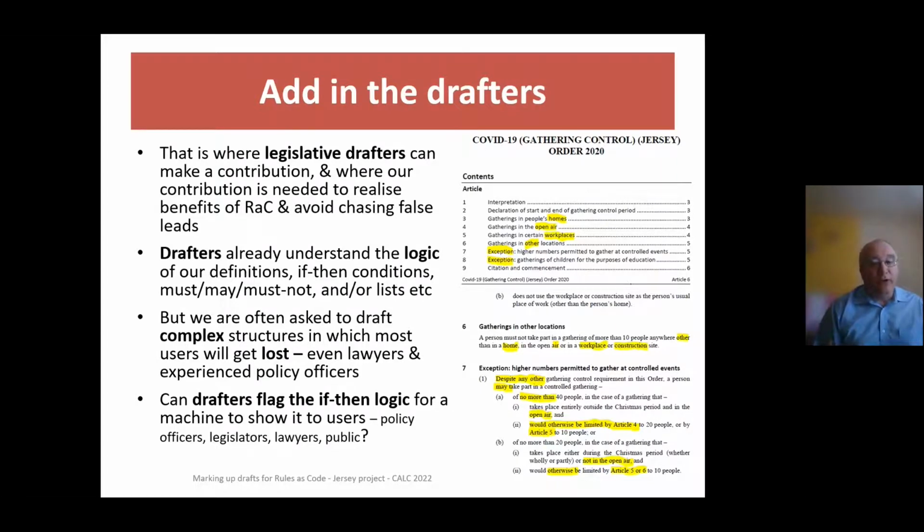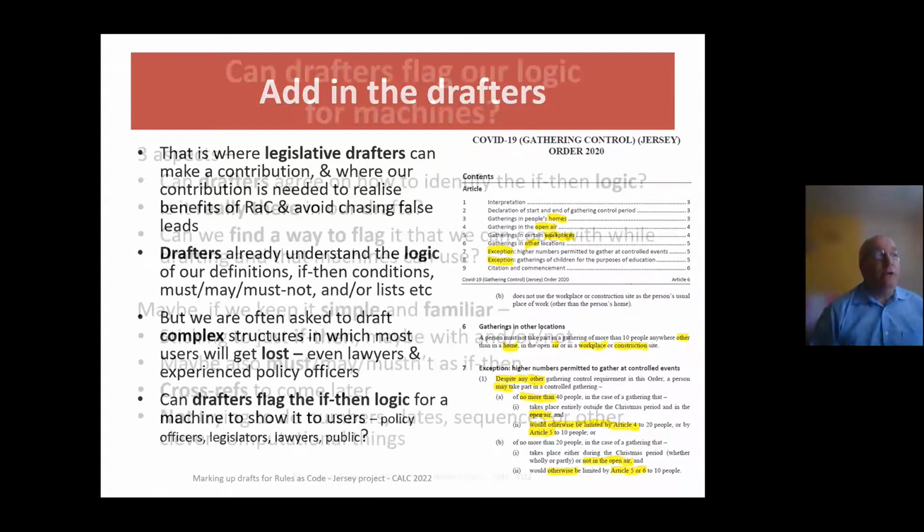But very often that logic ends up very complicated because you have exceptions to exceptions to exceptions, and it makes it difficult to follow for the drafter, for the policy officer, and certainly for other lawyers and members of the public. So the question is whether we can flag that logic in a way that a computer can read.